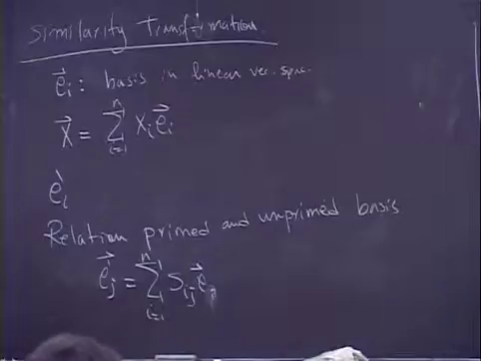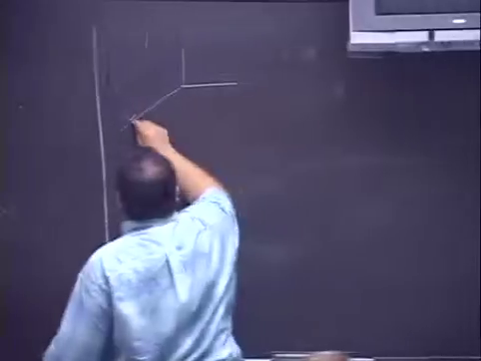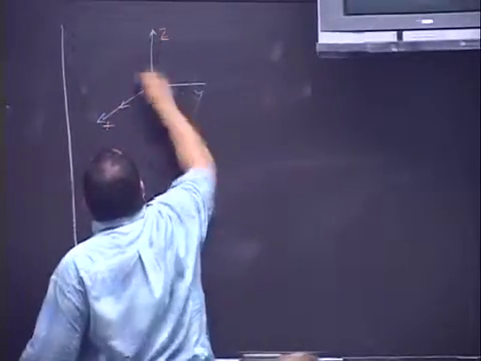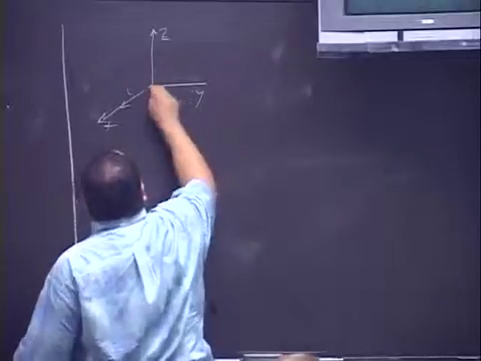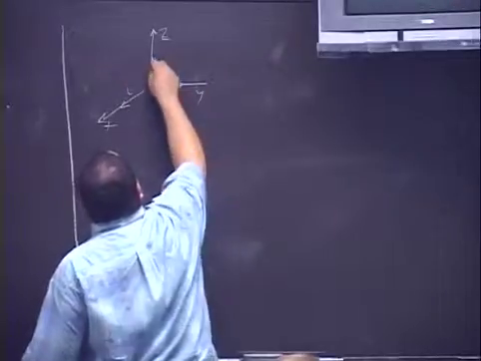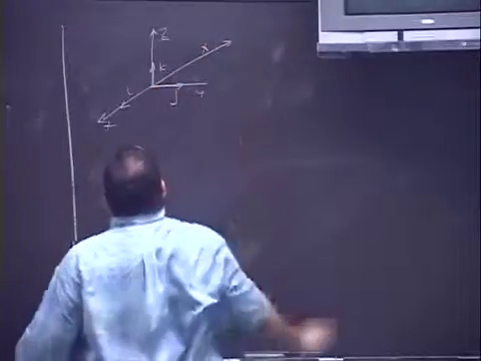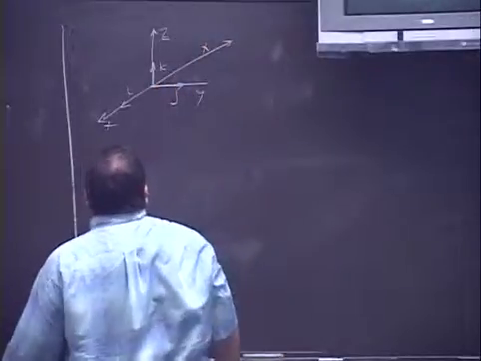Let's talk about, let's say, x, y, z. This is i, j, k, and I have a vector x, let's say.